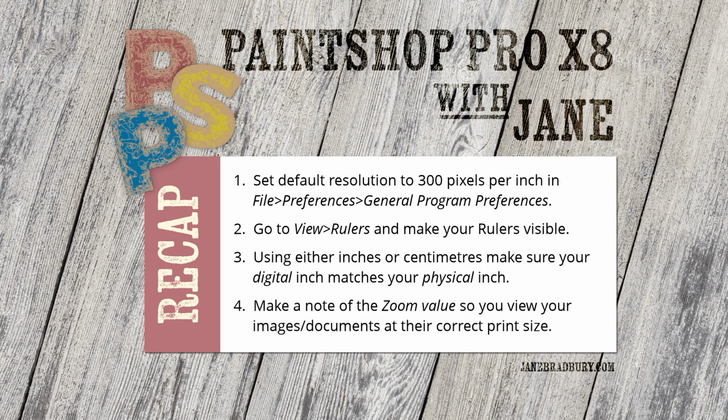Then, whenever you're putting things onto a page, always look at it at that zoom view, that print view that you've worked out for your monitor, and you'll know that what you see in front of you is what you'll get when you print.